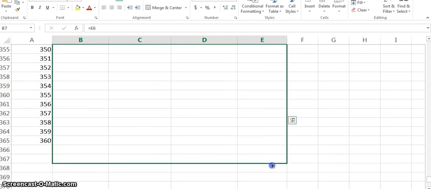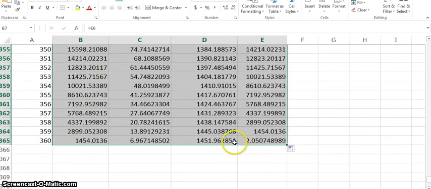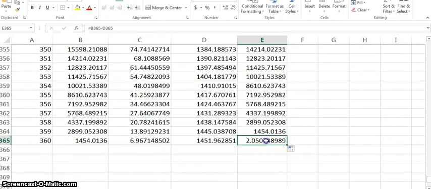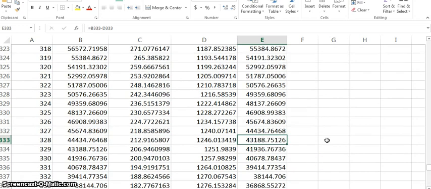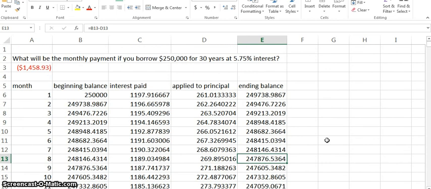And we should see that down on the bottom row, the balance goes to 0. And indeed it does. It's $2, which is close enough. We've got potentially some rounding error there, but that's it. This is our amortization schedule.